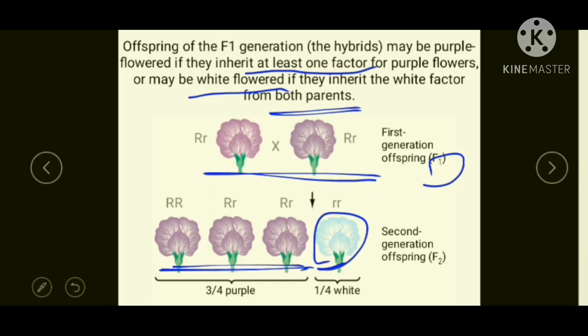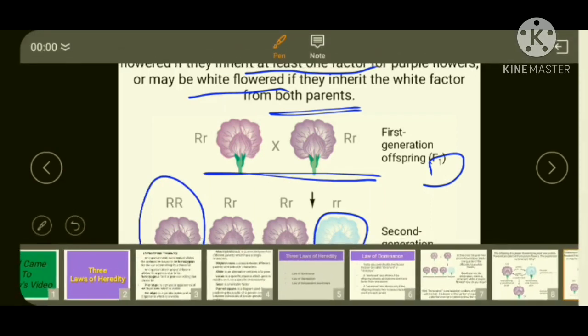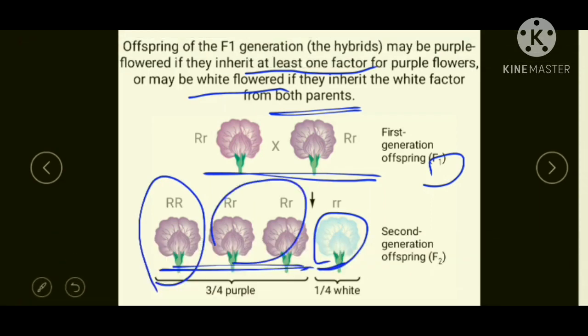But genotypically, this one is homozygous dominant, but these two plants are heterozygous dominant, and this one is heterozygous recessive.